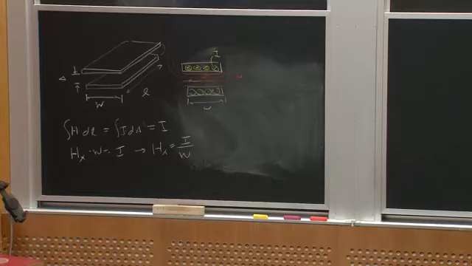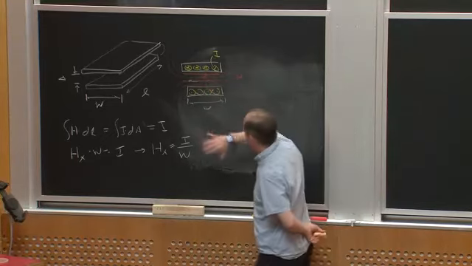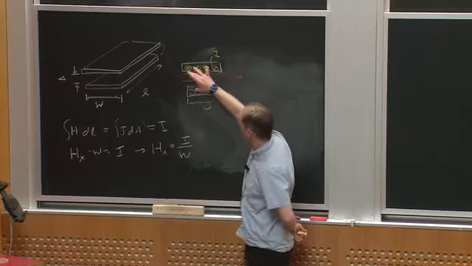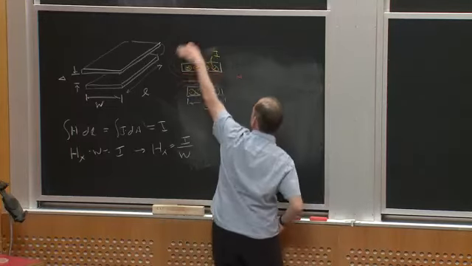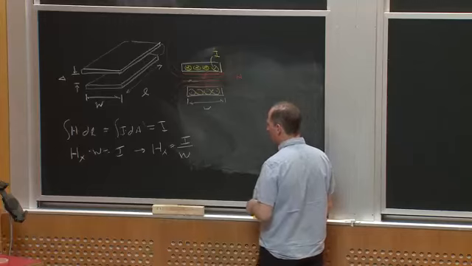How much energy am I storing in this thing? Well, again, I'm only going to pay attention to the energy I'm storing here, but that ought to be most of the energy. I'm going to ignore the fringing fields out here, even though I know they exist.